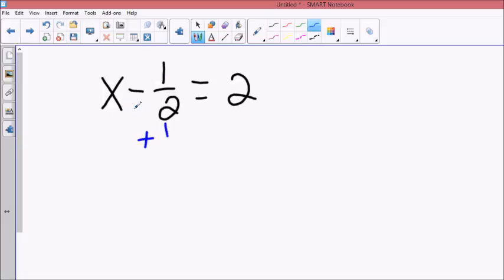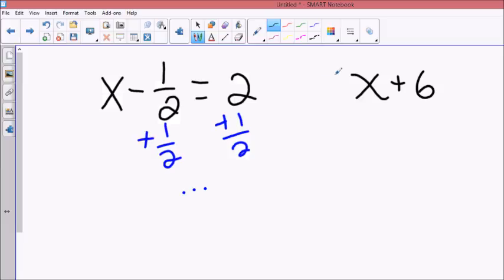I'm going to have to add a 1/2 to both sides, and then I'm going to let you do the arithmetic from there. Or if I have x plus 6.9 equals -2.3, to get rid of plus 6.9, we have to subtract 6.9. And again, I'm going to let you do the arithmetic and put those together from there.